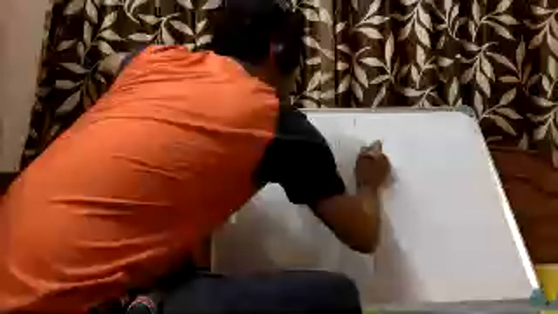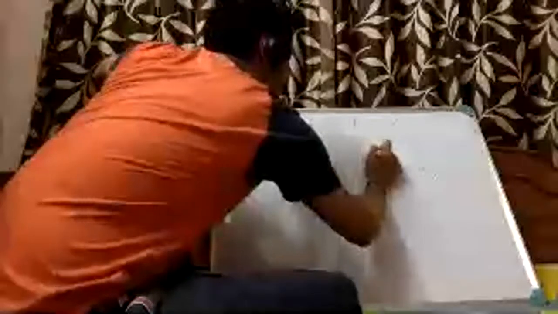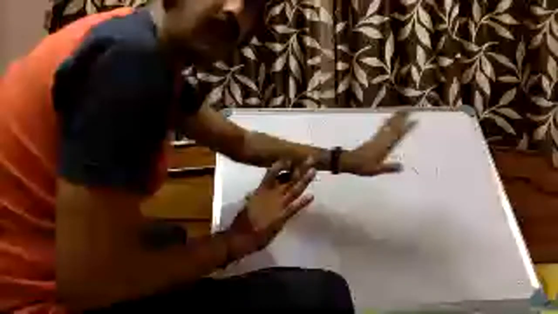Now 1 and 2 are already sorted. The rest are the unsorted part, and this is the sorted part.